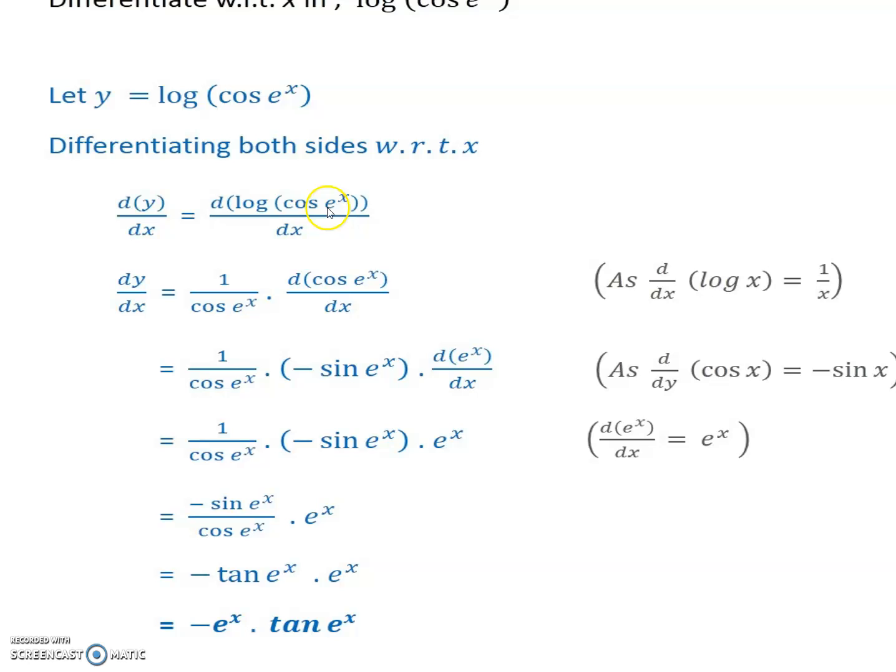Here f of x is cos x into e raised to x. Be careful, we have to apply the chain rule. Dy by dx is equal to 1 upon cos e raised to x, times minus sin e raised to x, the derivative of e raised to x. The u into v rule, these we have to solve.